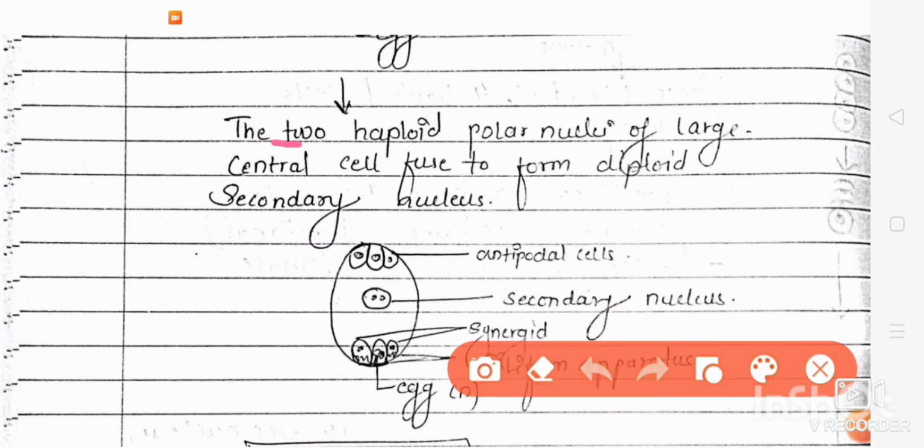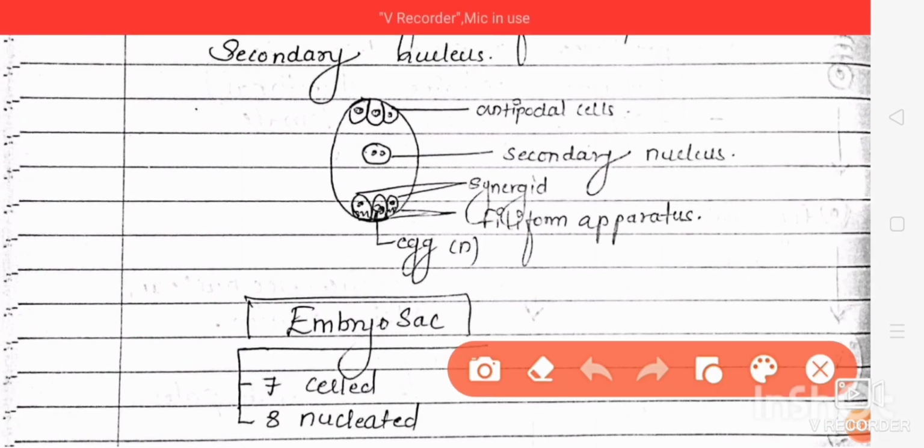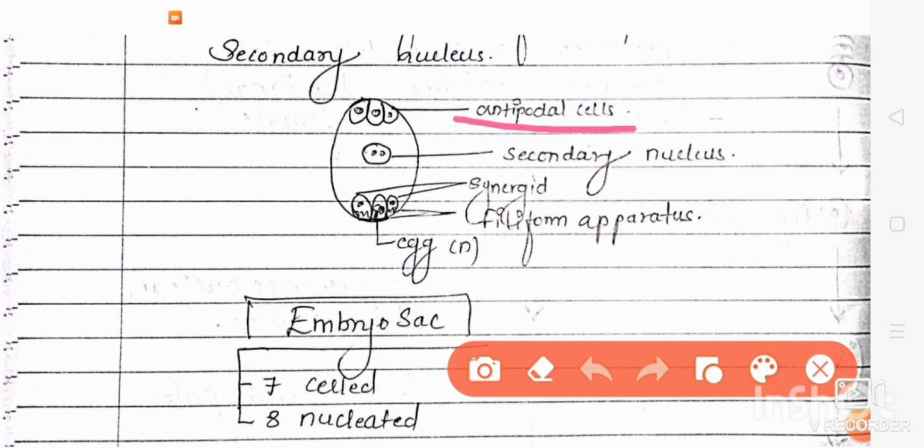Now the 2 haploid polar nuclei which were there fuse to form the secondary nucleus. So we can see now there are 3 antipodal cells arranged at the chalazal end. The polar nuclei fuse to form the secondary nucleus. There is a synergid cell with the filiform apparatus, and there is a haploid egg cell.